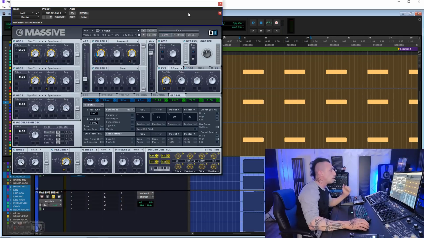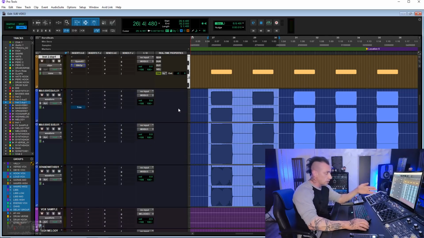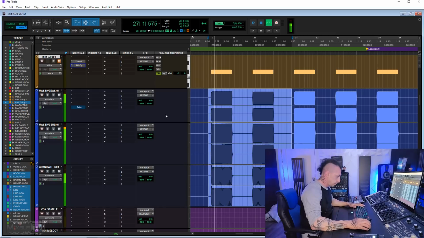2 of these sounds come from Massive and 1 comes from Xpand 2, and after that I have a RAT distortion. So because they play the same exact note every single time, nothing should change between these, right? But that's not the case. In fact, I want you to pay attention to what massive difference in tone and low end there is between the first and the second.